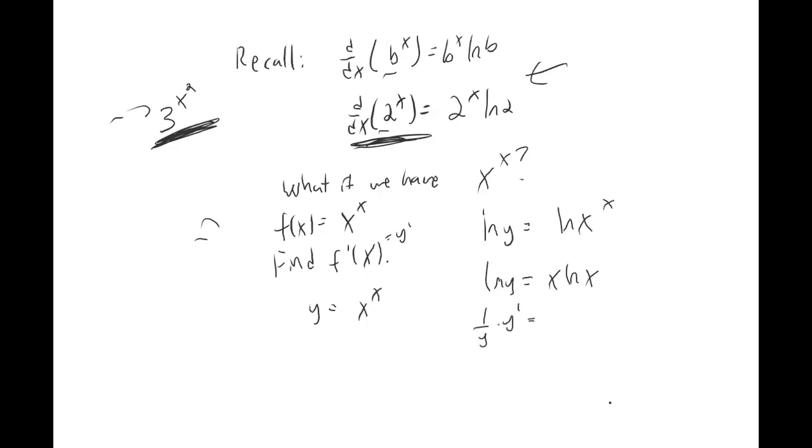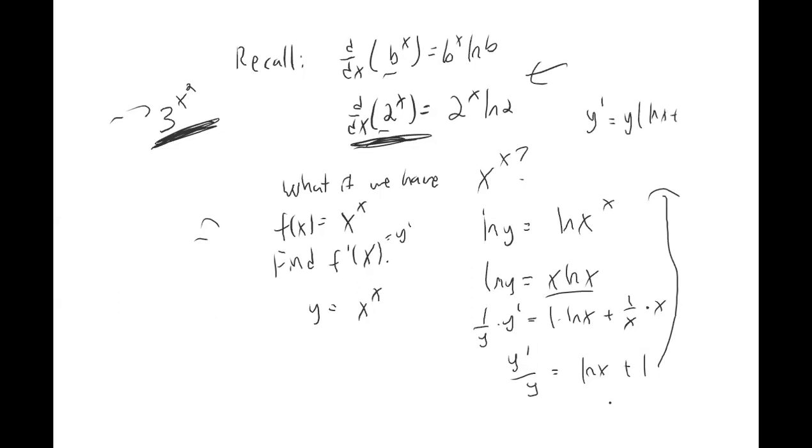And then this is product rule, right? So this is 1 times ln x plus the derivative of ln x, which is 1 over x, times x. So it's y prime over y equals ln x plus 1, right? I'm running out of space, but y prime is y times ln x plus 1. But what is y?